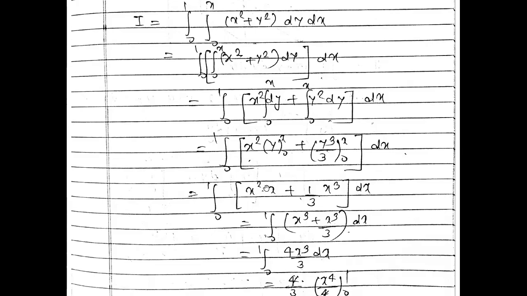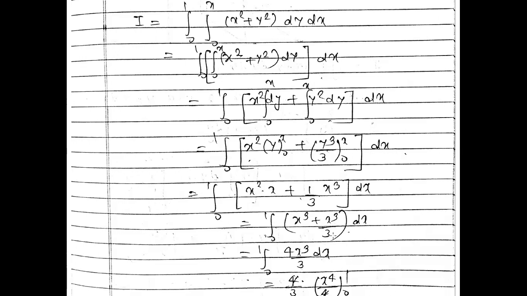First integration is with respect to y, so x square dy from 0 to x plus y square from 0 to x dy dx, and the integration of dy is y, and y square integration is y cube upon 3. So apply the limit: x square into x plus x cube upon 3, dx.